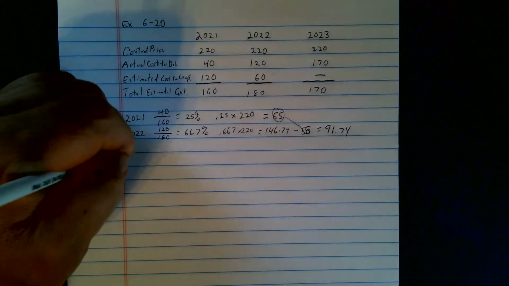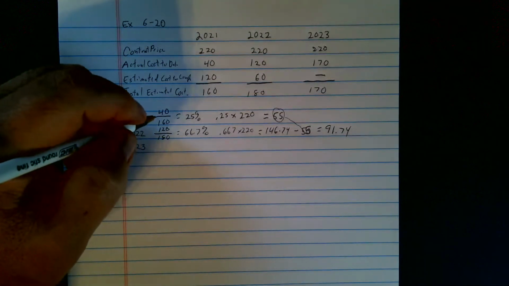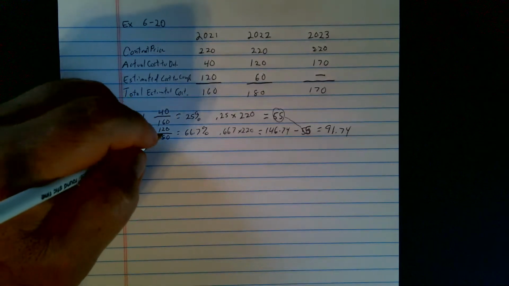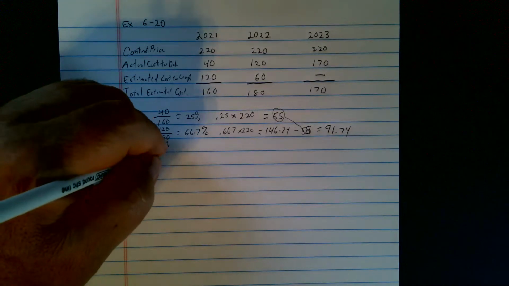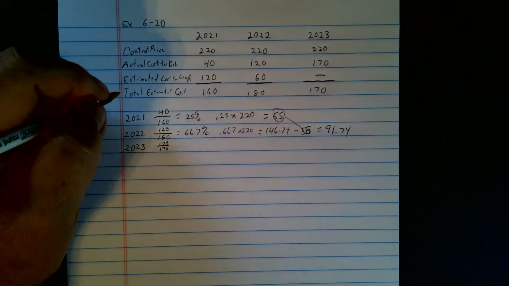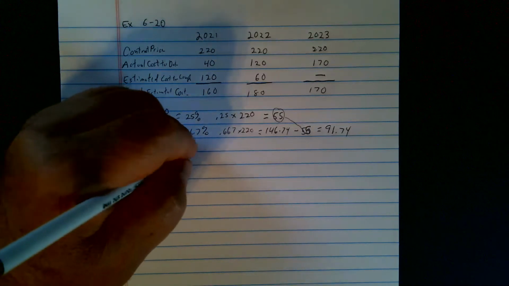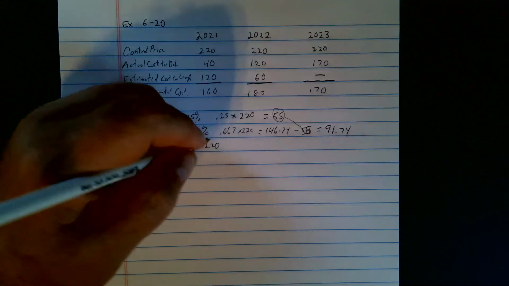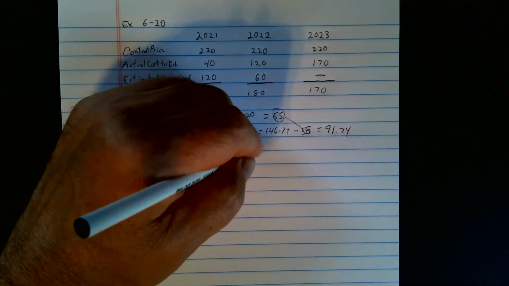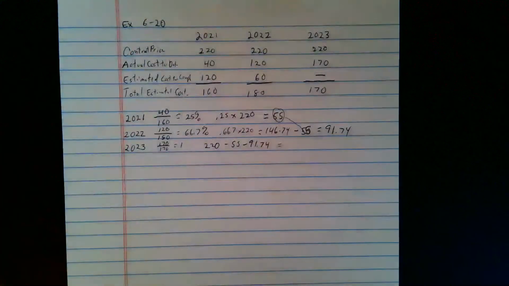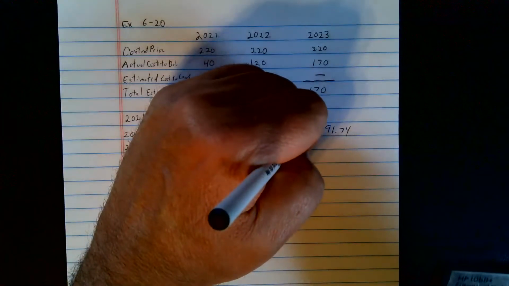Then in 2023, we're going to have a total cost to date of 170 divided by 170, right, equals 1. 1 times 220 is 220, minus 55 minus 91.74 equals 73.26.